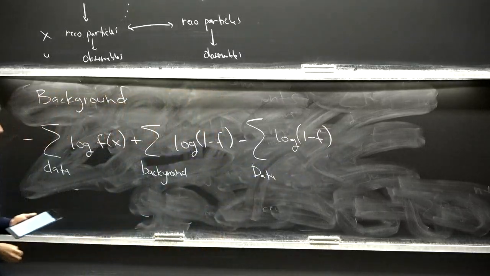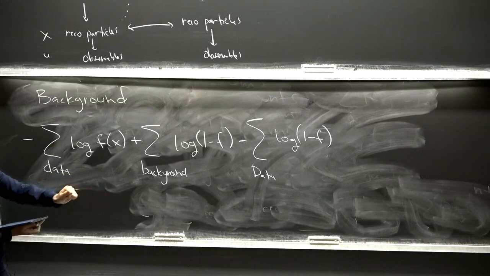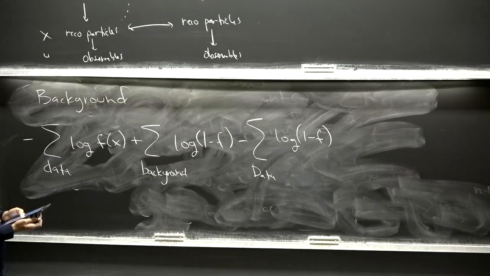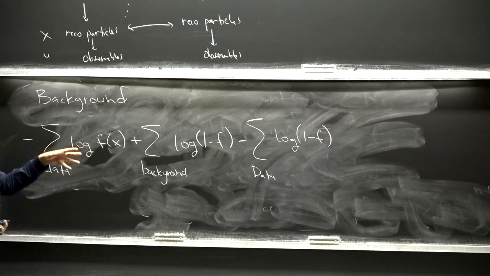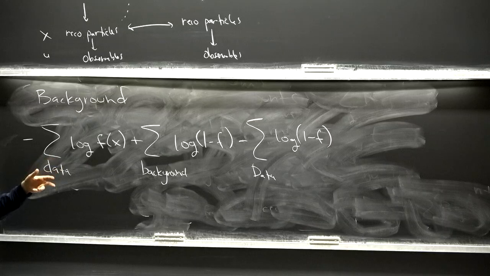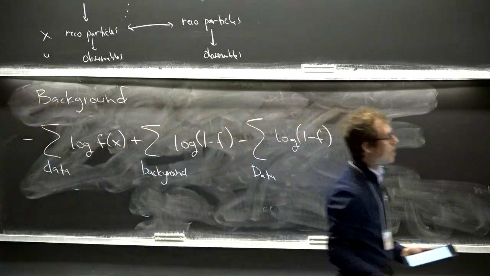OK, so this is the cross entropy, the binary cross entropy, sort of. So here I have these three terms. And my claim is that if you take the data and weight it by the neural network that you get from this, you will have subtracted the background. So let me explain why that works.